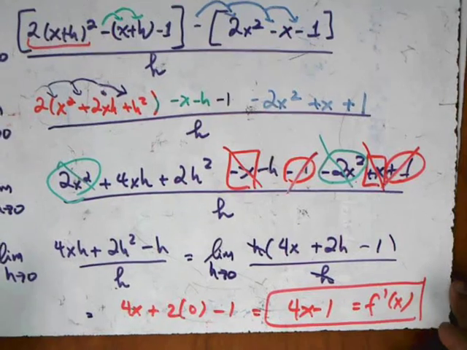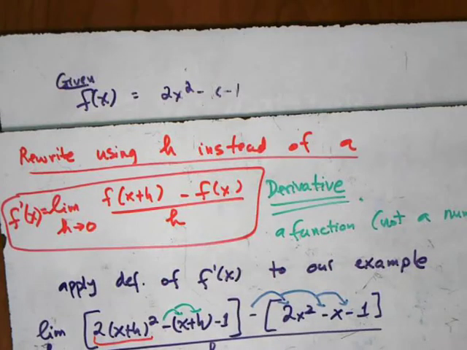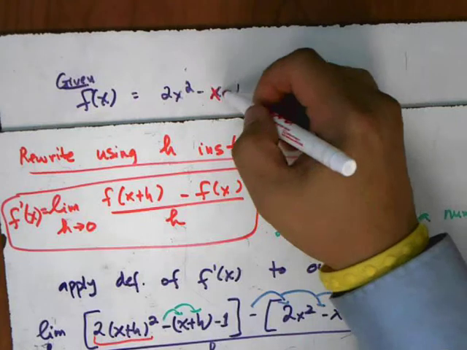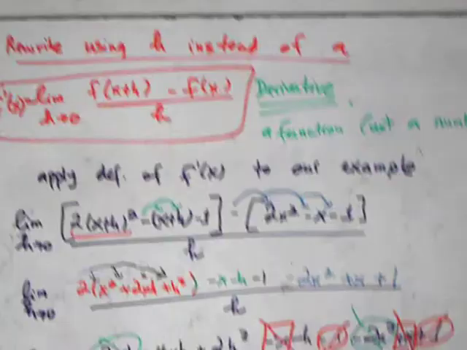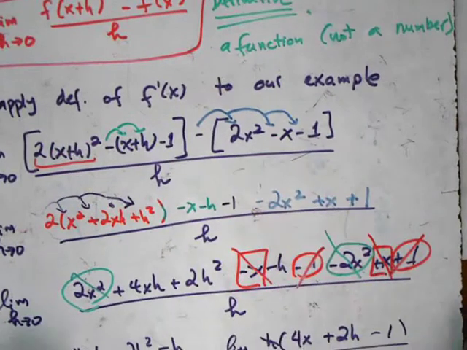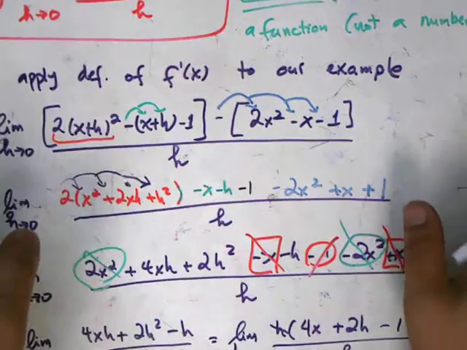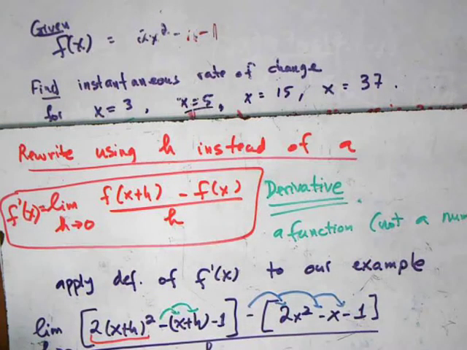If you take the derivative of this function that we were given here from the very beginning, this is what you end up with. This got smeared a little bit here. So now the question becomes, what is this good for? What is this function good for? Well, remember our original problem, the instantaneous rate right here for x equals 3, x equals 5, x equals 15.